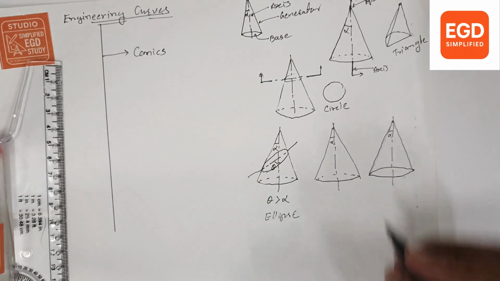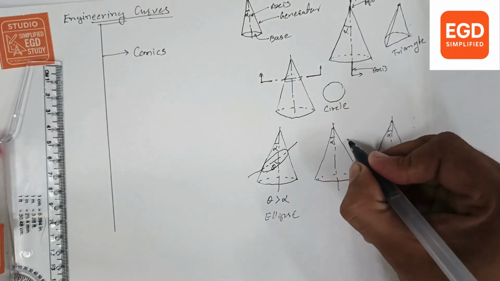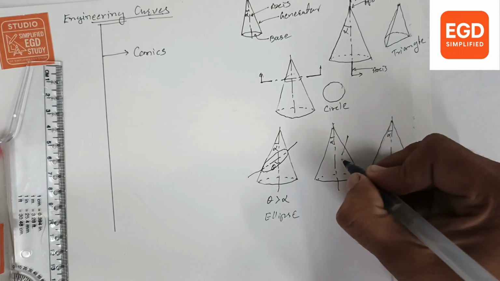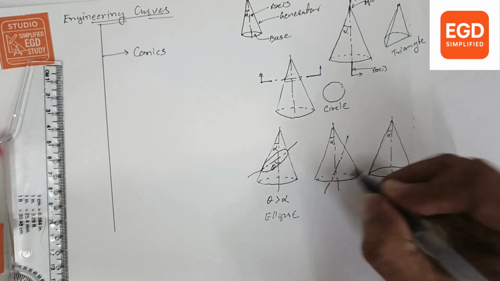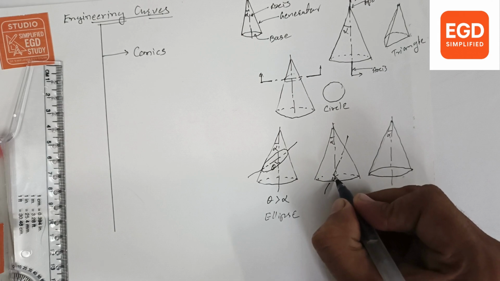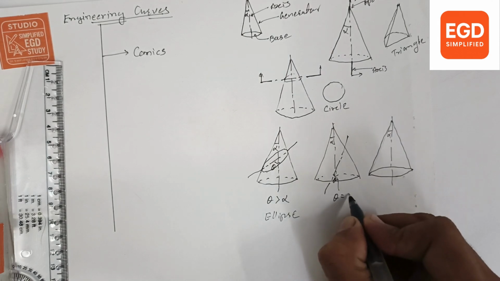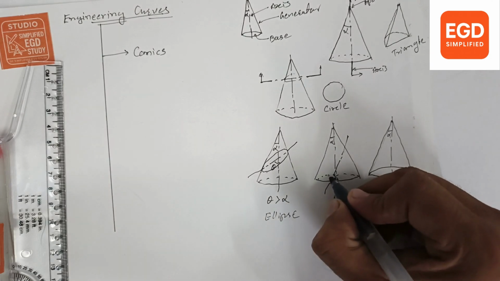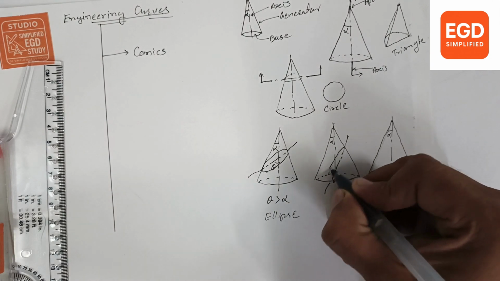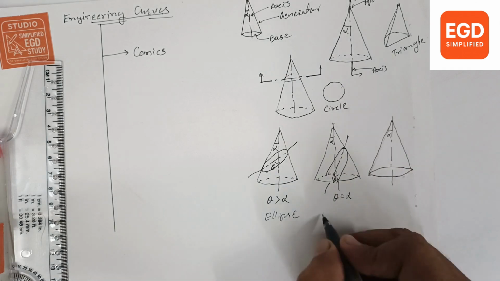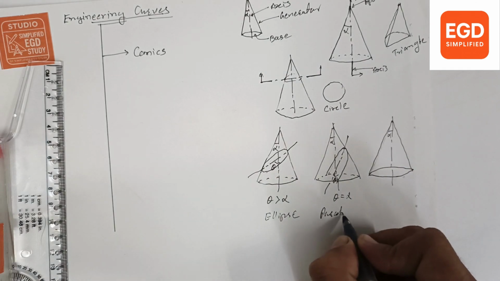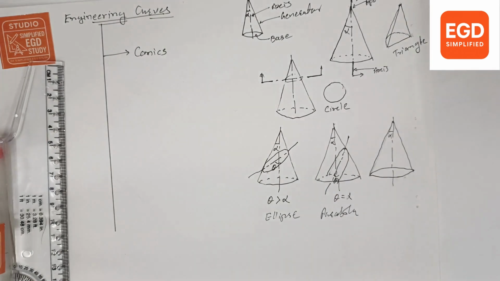an ellipse. Suppose a cutting plane makes an angle with the axis, theta, that is equal to alpha. Here the entity generated is called a parabola.